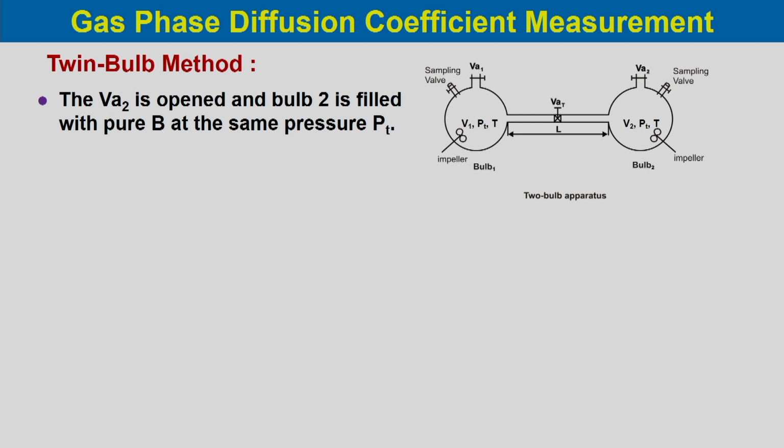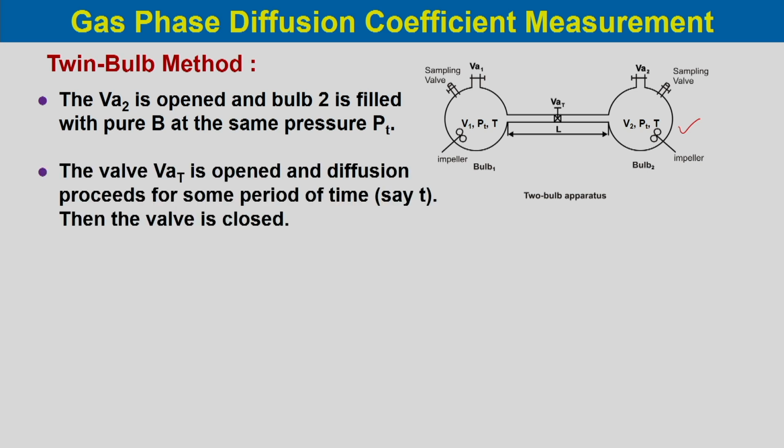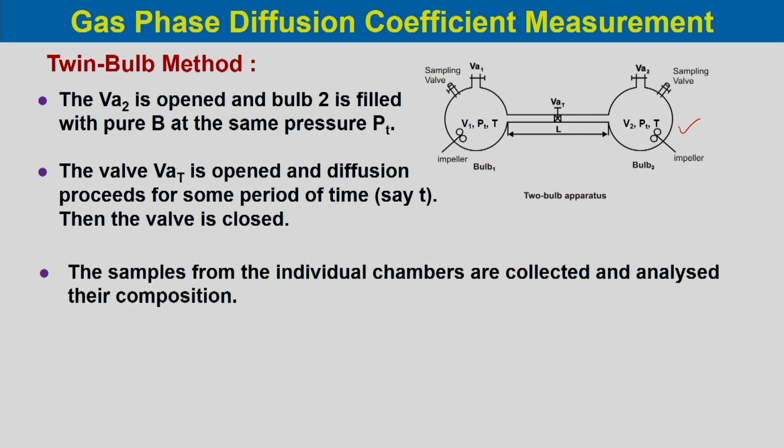Bulb 2 is filled with pure B, the valve is closed and the compositions are measured. Now the valve VAT is opened and diffusion proceeds for some period of time, say time t. Then the valve is closed. The samples from the individual chambers are then collected and their composition analyzed.